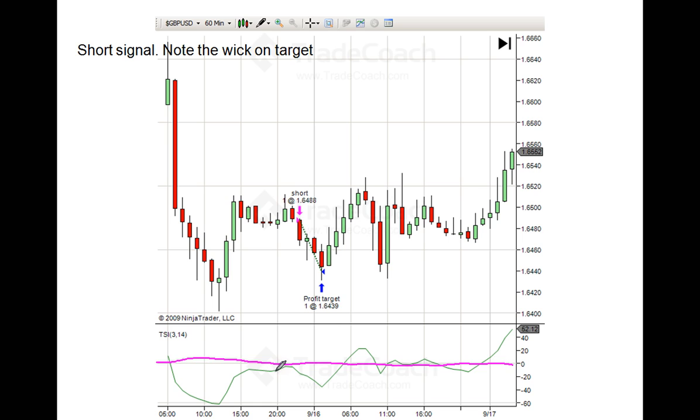And I said if it comes up from below and turns over and points down, then I'm going to go short with that. But I had a little condition with it, which was that price needs to also have come from a low level, because I noticed that it turns over below the zero quite a bit, but that doesn't necessarily mean much. But if it has come down from quite low, then it is significant.